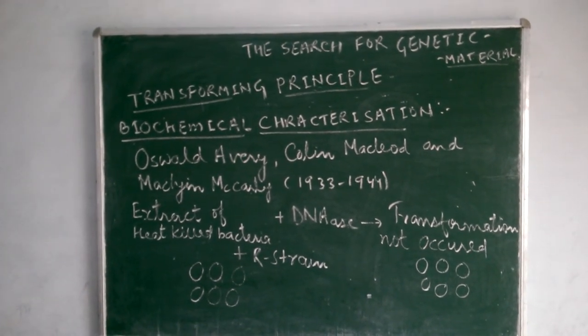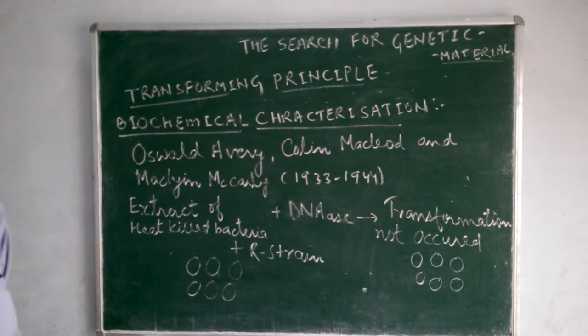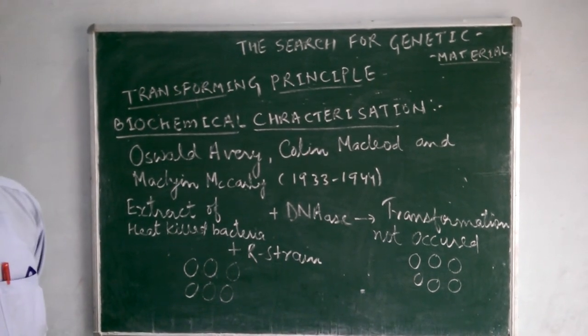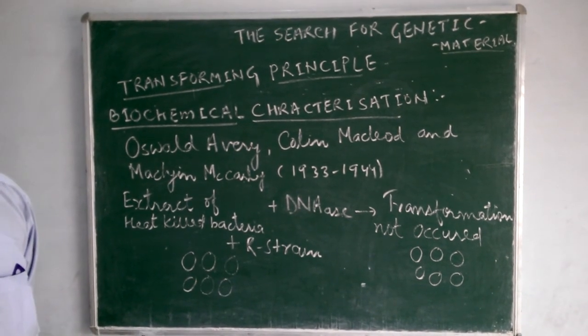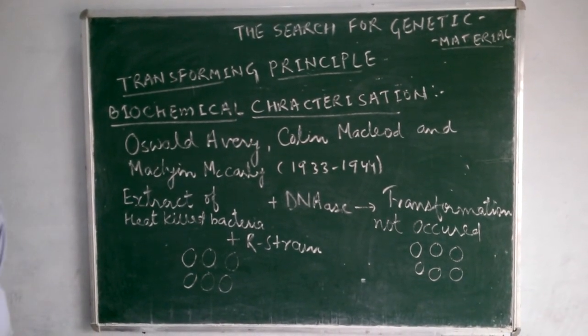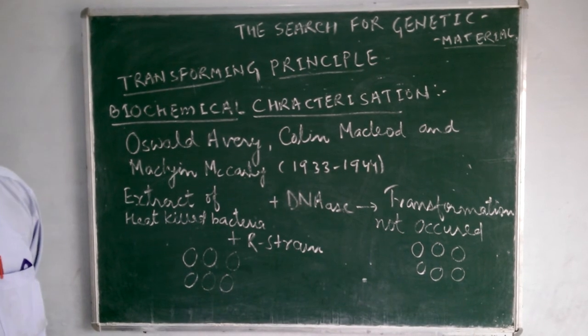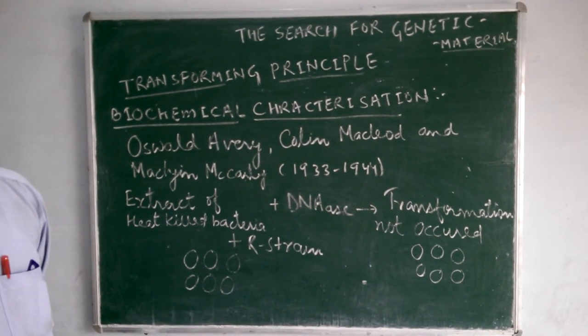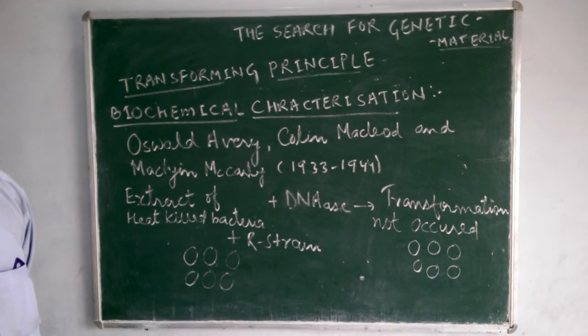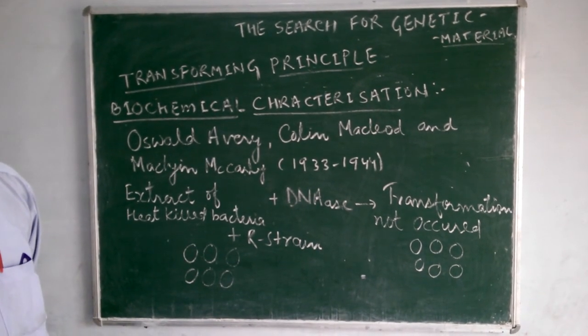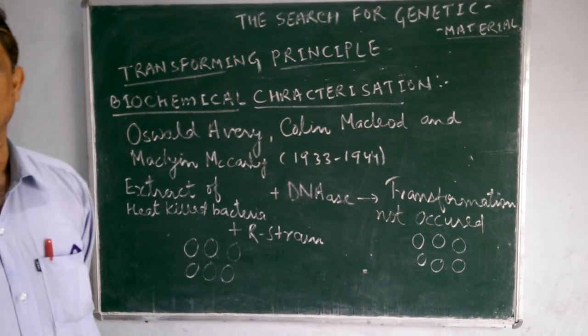So this time when they injected this extract into the body of mice, the mice survived. Why? Because DNA is responsible for the conversion of R strain bacteria into S strain. So as a conclusion, we can say DNA is the transforming principle.